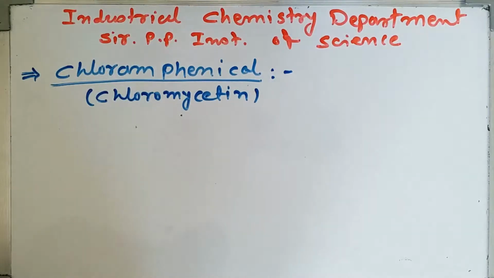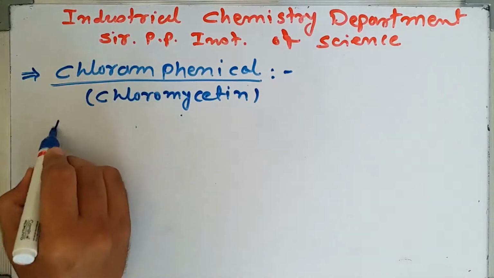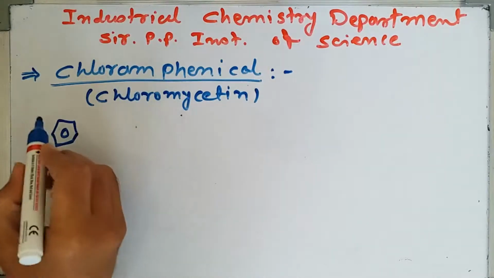But chloramphenicol is the only antibiotic commercially produced by synthetic route, and this compound is synthesized from para-nitroacetophenol.